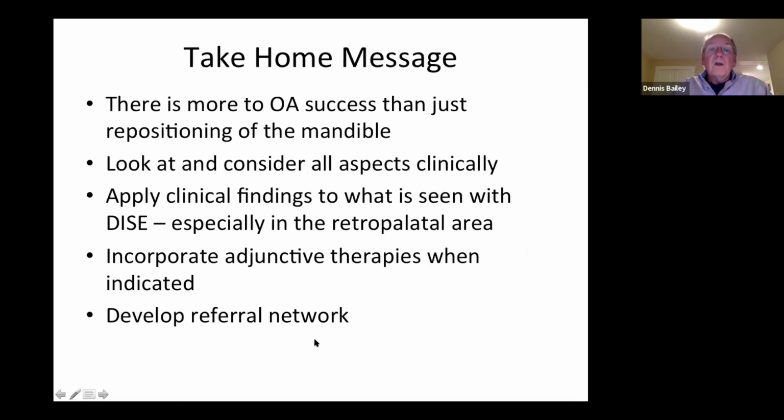So the take-home message is there is more to OA success than just repositioning of the mandible. We need to look at all of the various things that play into the endotyping and phenotyping of these patients as we begin to make these decisions. You've probably been making them all along. You just didn't realize that there were boxes or categories they could be looked at.